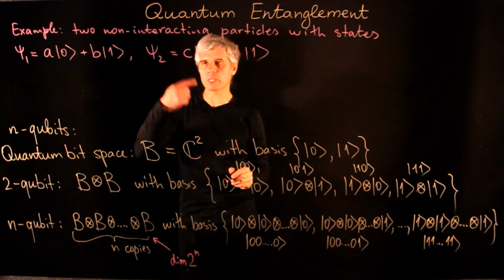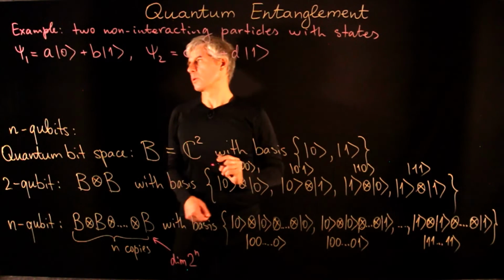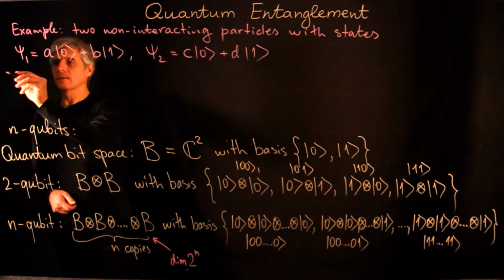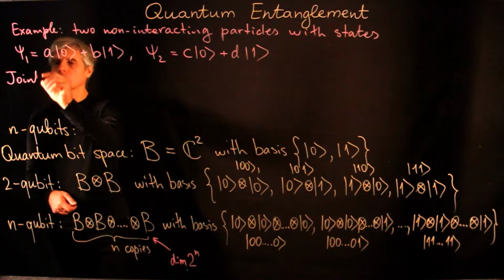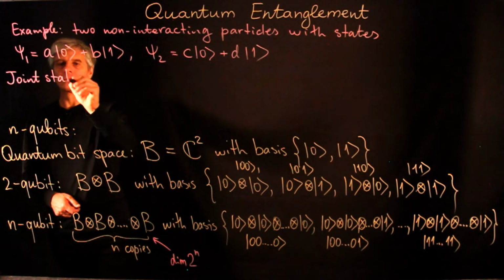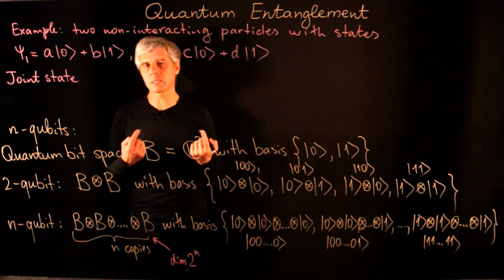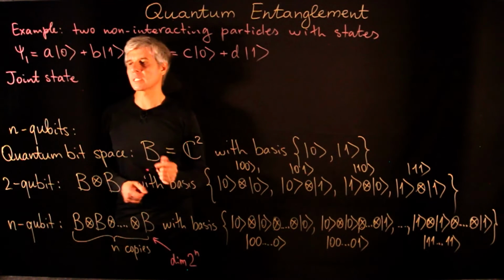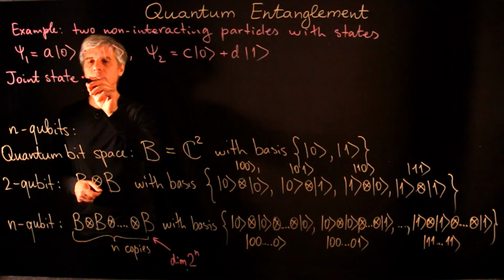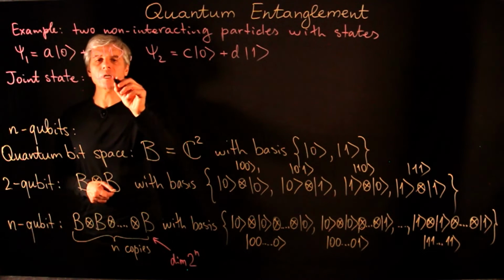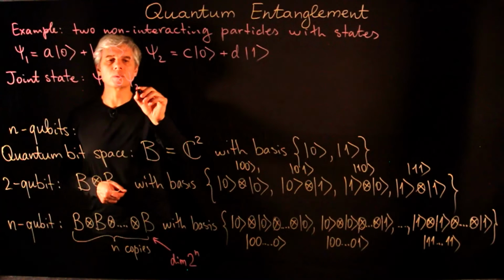And both vectors have norm 1. So then the joint state, if we consider these two particles together as parts of one single quantum system, will be psi1 tensor psi2.